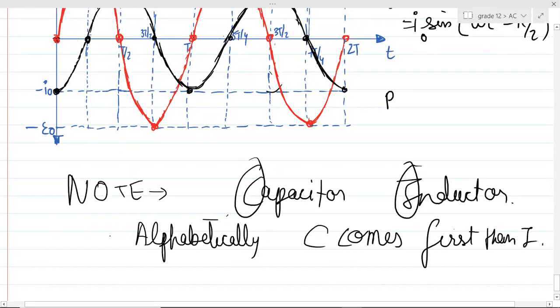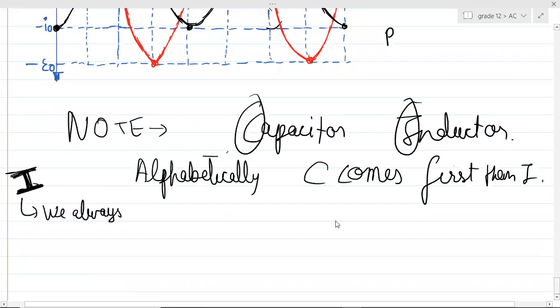And I always remember, I told you, to always remember with respect to current, right? We always remember with the help of current. So out of capacitor and inductor, in which will the current come first? Capacitor first. So this is how I have remembered it.